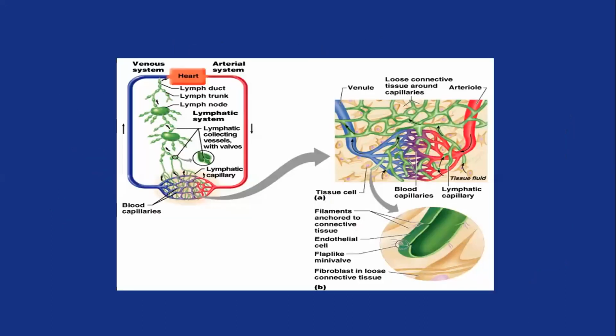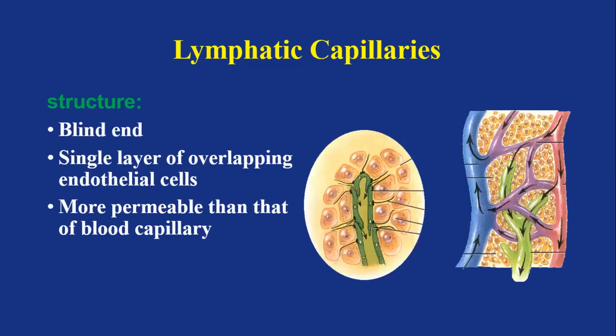You can see in the picture it is overlapping into the cells, and it is more permeable than the blood capillary. So it is more permeable, so it can easily absorb. The cells are also a little bit larger.